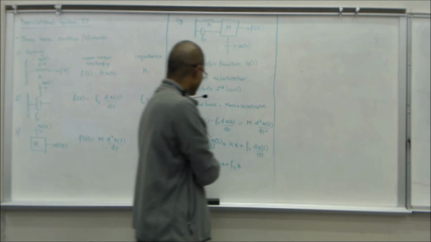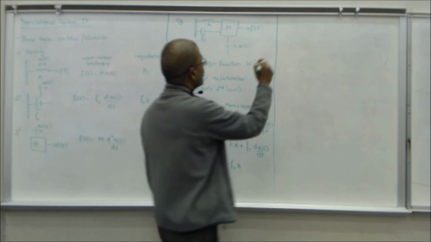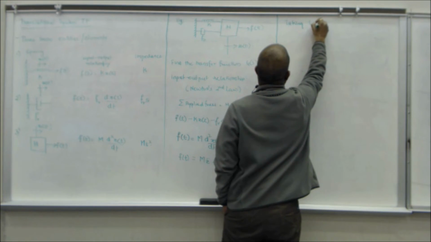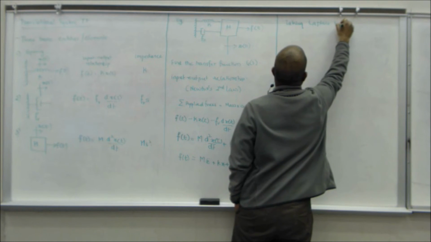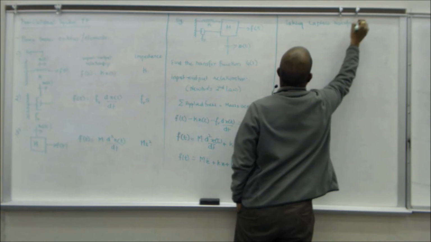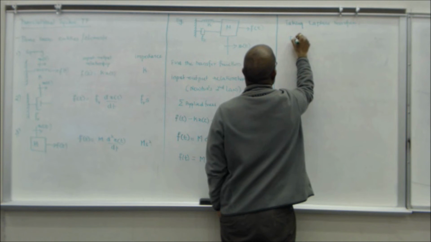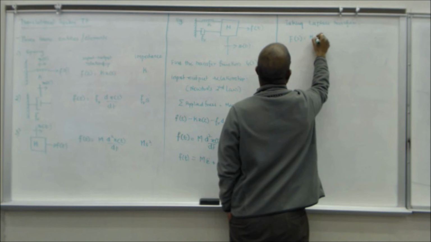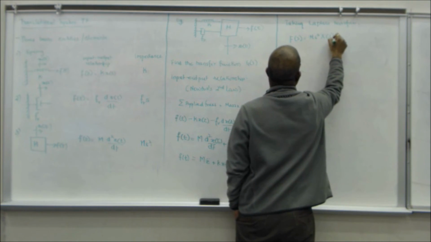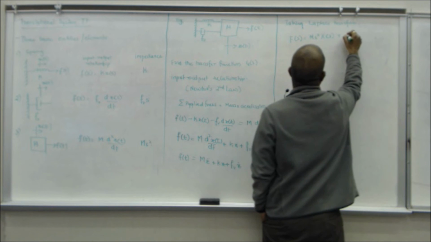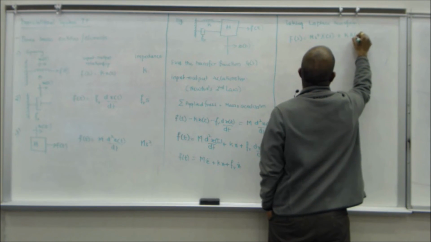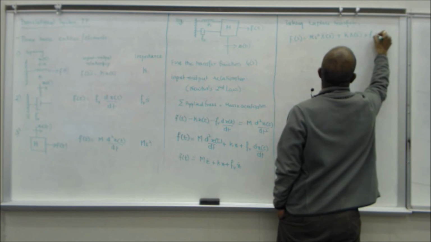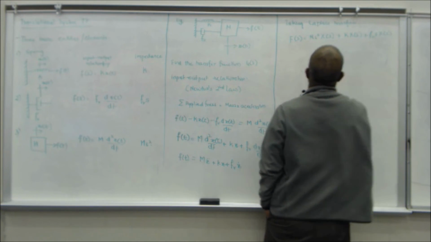Now, if you take the Laplace of this, what are you going to get? Taking the Laplace transform, we get f of s equal to m s square x of s plus k x of s plus fv s x of s.